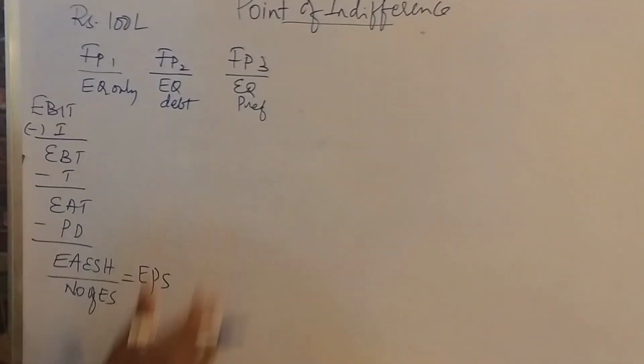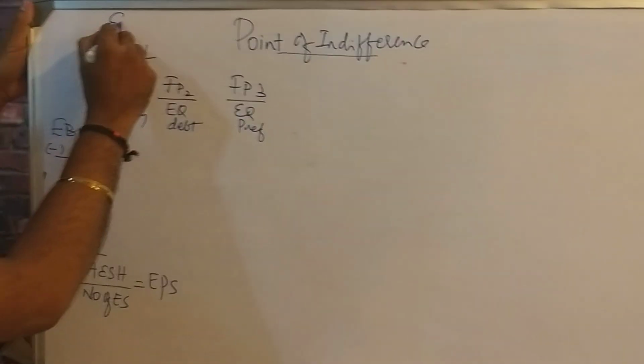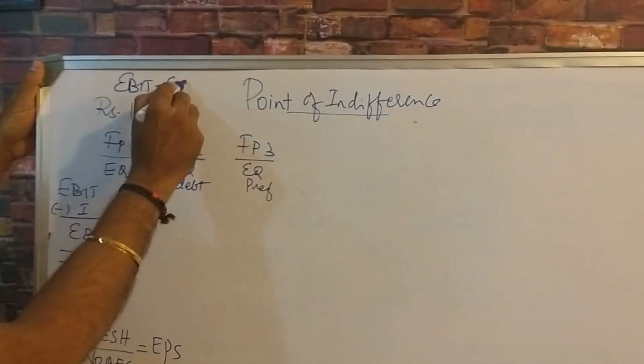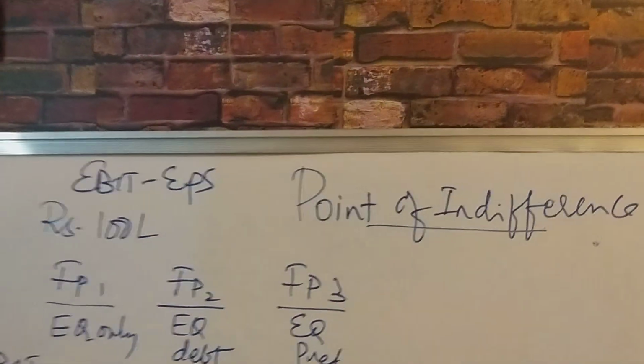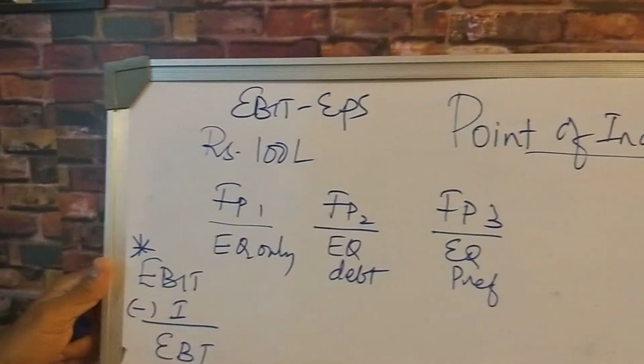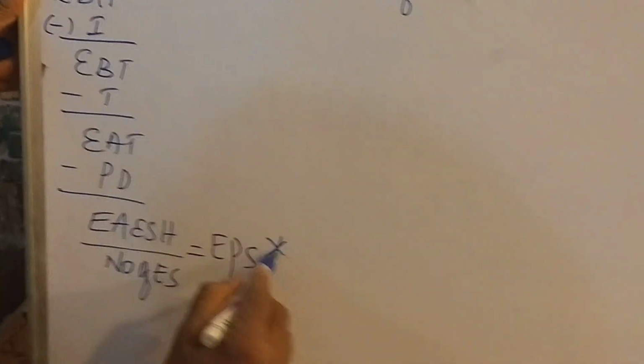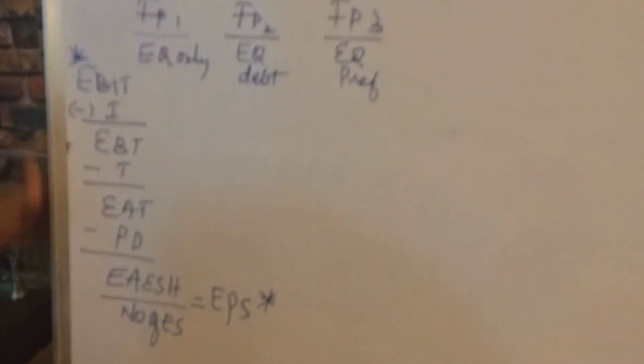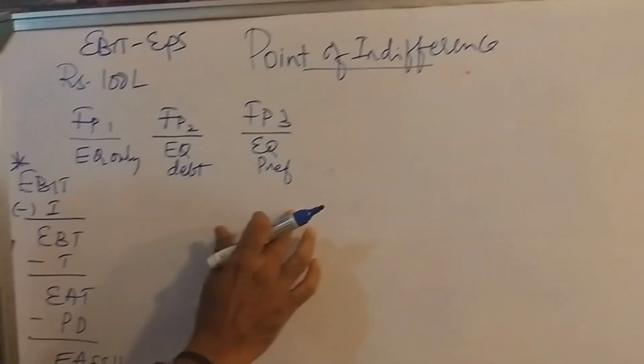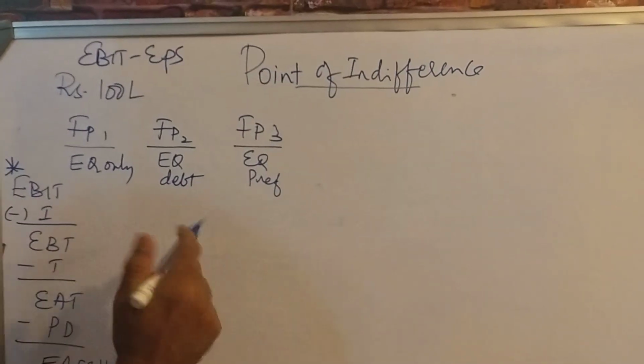So this entire analysis is called EBIT EPS analysis. My starting point is EBIT and my ending point is EPS. I am going to choose the financial plan whose EPS is the highest.